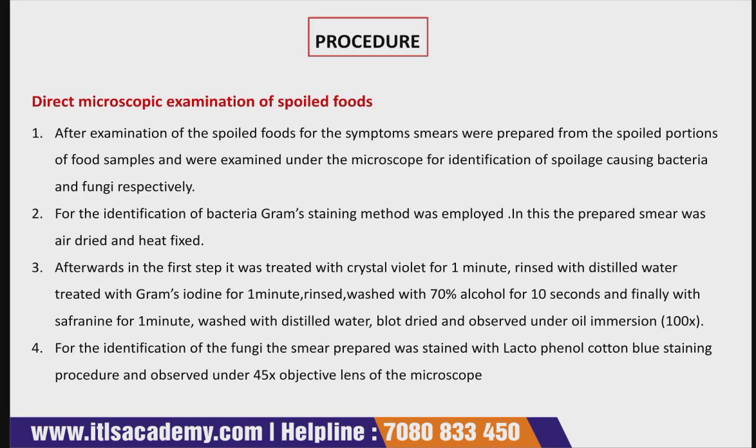Now, what is the procedure to examine? The first is the direct microscopic examination of the spoiled foods. After examination of the spoiled foods for symptoms, smears were prepared from the spoiled portion of the food sample and examined under the microscope for identification of spoilage caused by bacteria and fungi respectively.